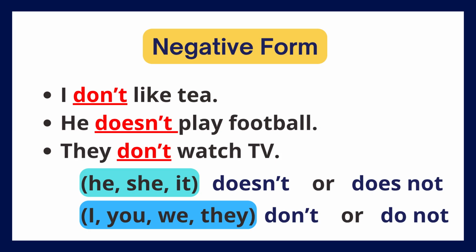In the affirmative form, we use s at the end of the verb if the subject is he, she, or it. Now you're going to use doesn't or does not if the subject is he, she, or it. And you're going to use don't or do not if the subject is I, you, we, they.